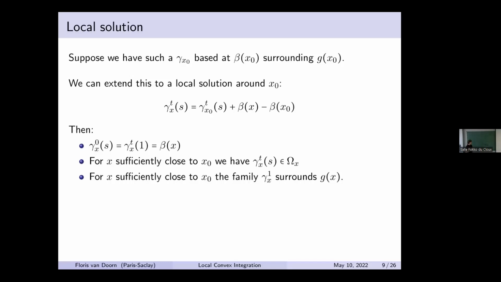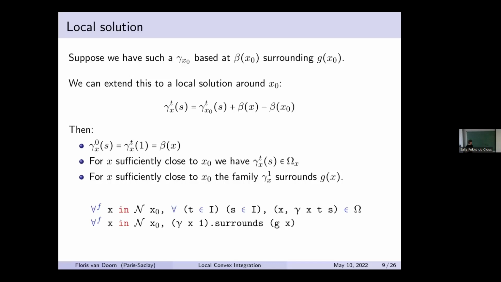And they might sound a little imprecise, but actually using the filter library that Patrick was also mentioning this morning, we can state this very nicely in Lean. Again, so using these filters. So here we're talking about the neighborhood filter of x naught.